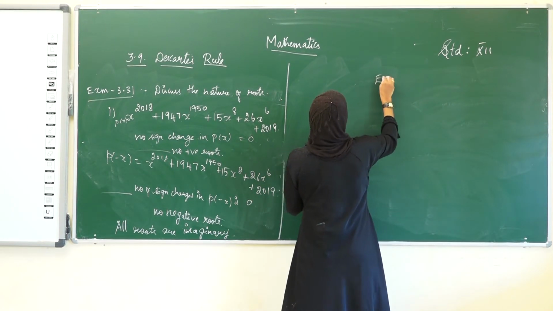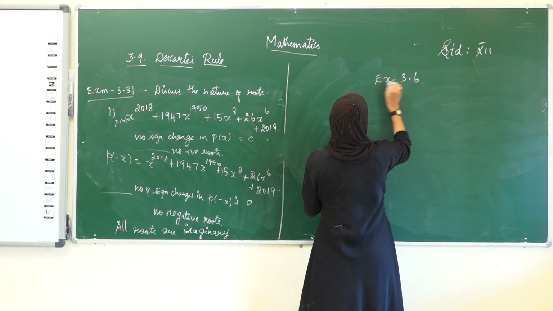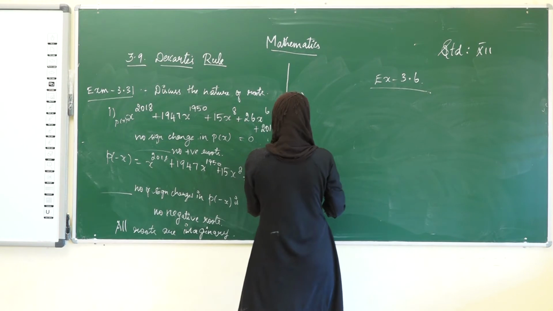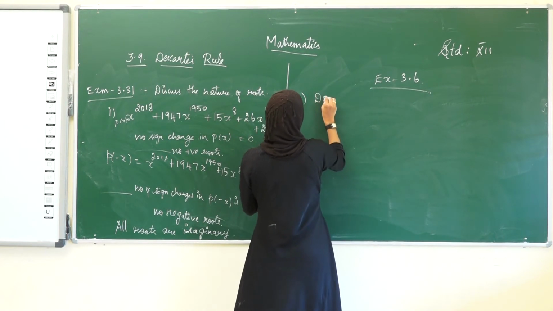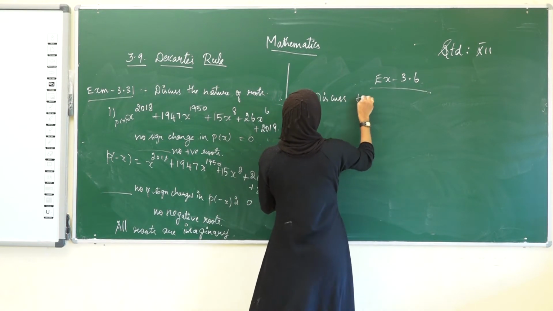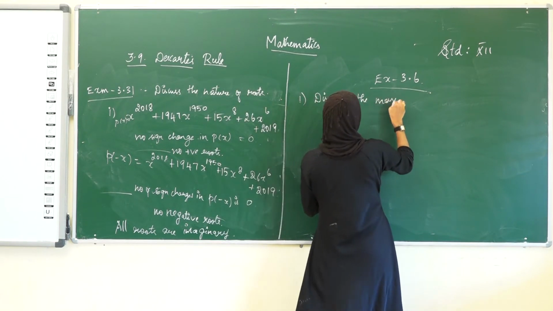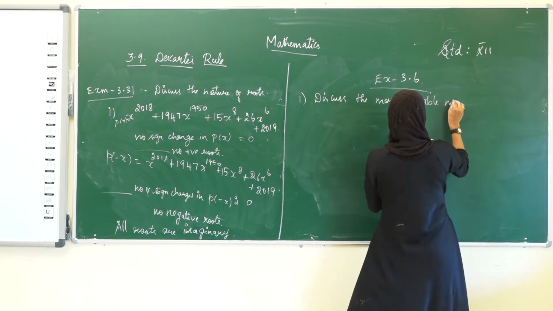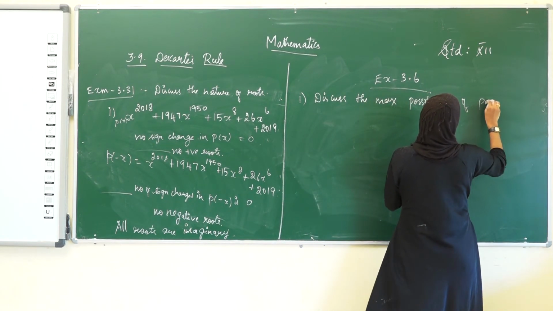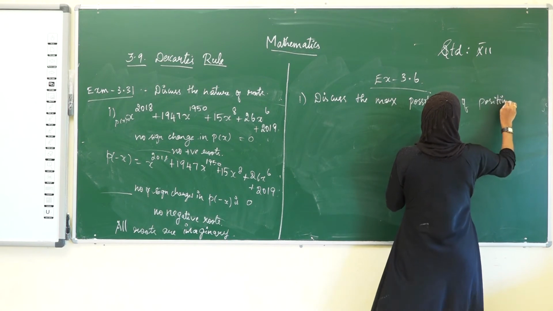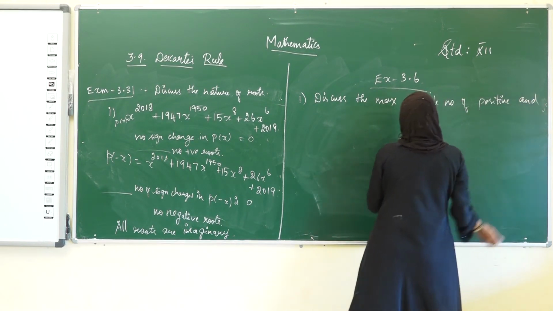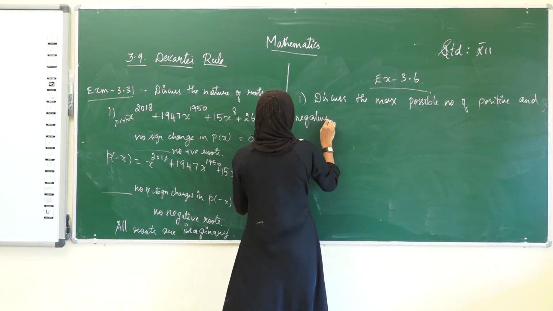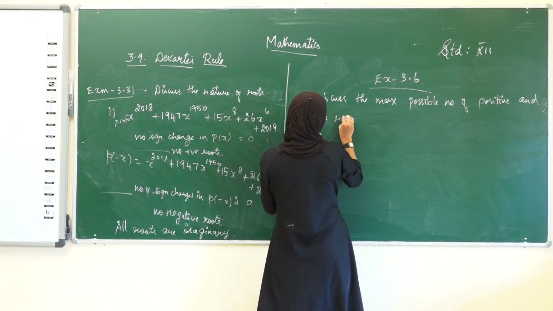Okay, exercise number 3.6. Discuss the maximum possible number of positive and negative roots of the polynomial equation.